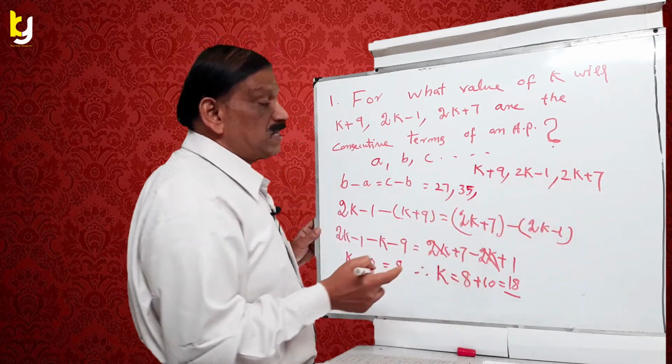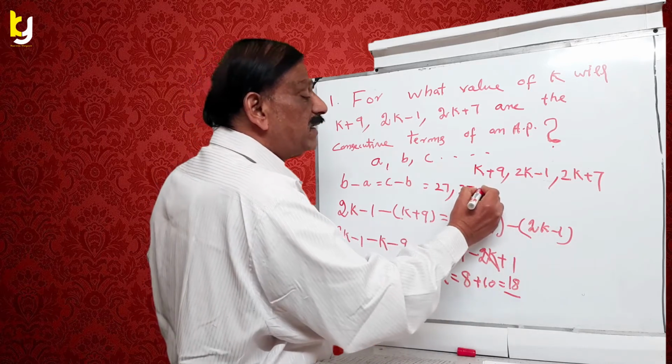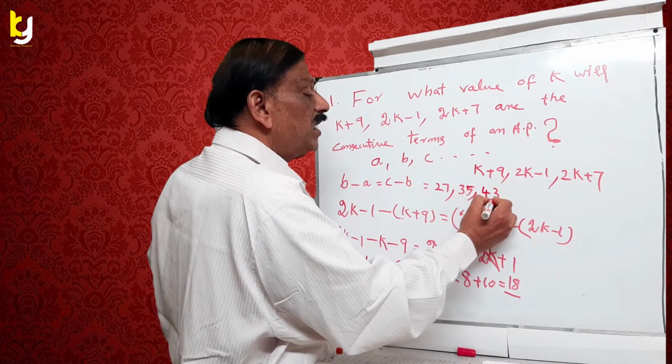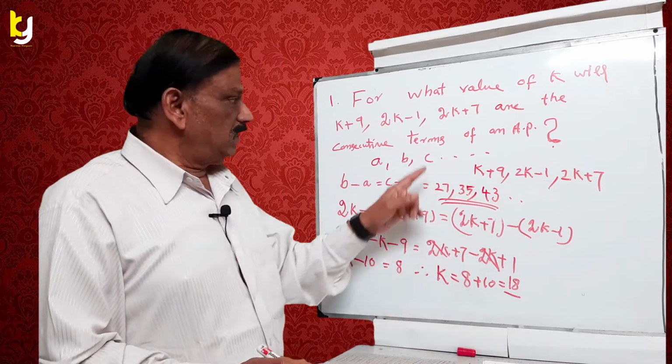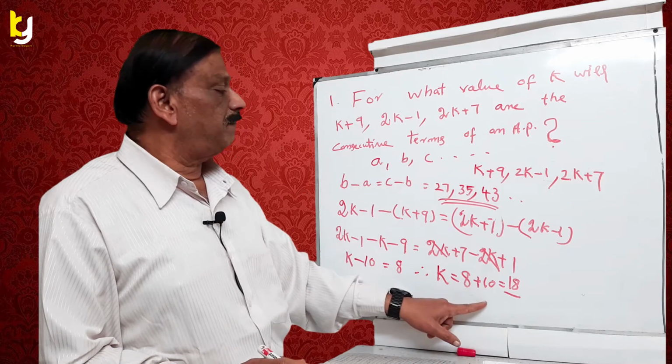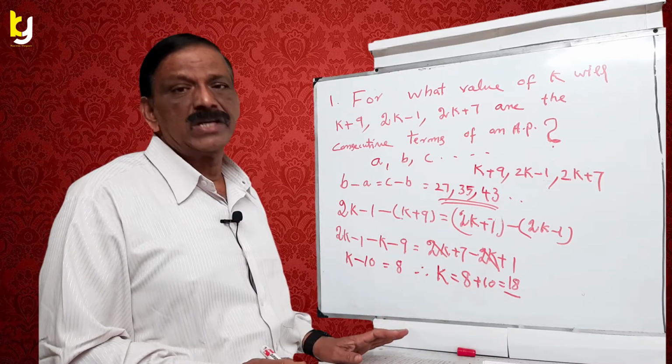Then 2k plus 7: 2 into 18 is 36, plus 7 is 43. This is the arithmetic progression. That is, we must find out the value of k, then we can make the arithmetic progression.